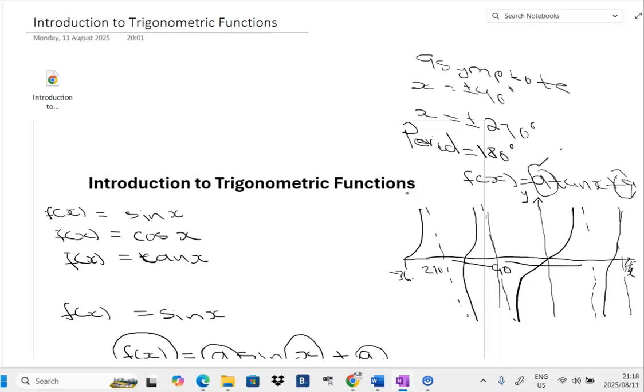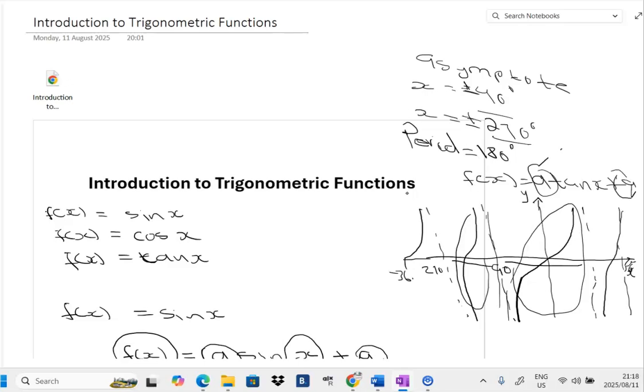So this graph repeats itself after every 180 degrees. So that's why the period for tangent is 180 degrees. It has the asymptote at plus or negative 90.